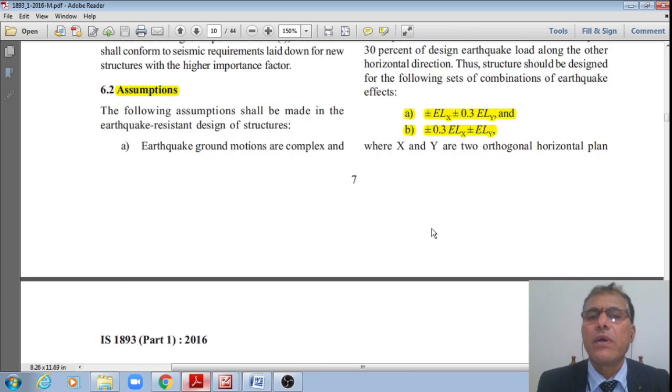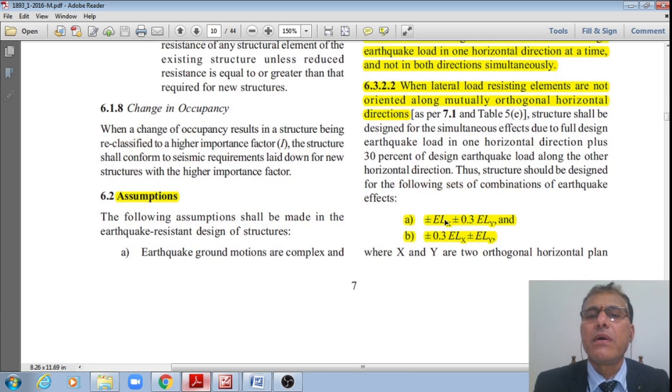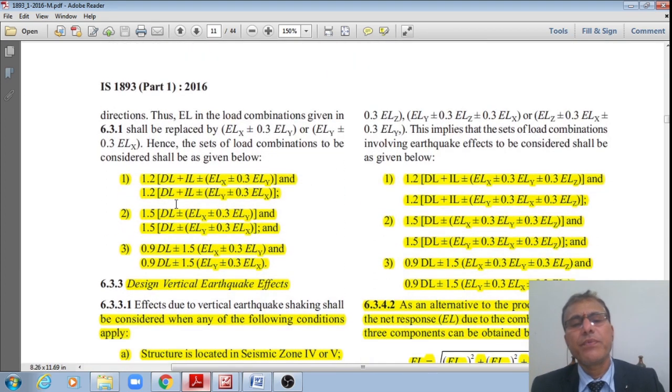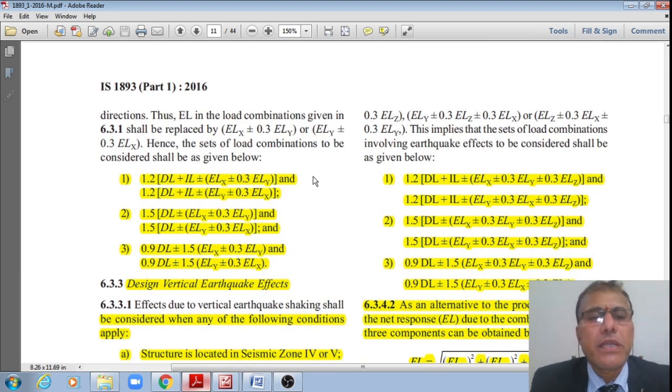Now let us see these earthquake combinations in two transverse directions. Using that, we would have these different combinations: 1.2 multiplied by dead load plus 1.2 multiplied by live load plus 1.2 multiplied by earthquake loads.